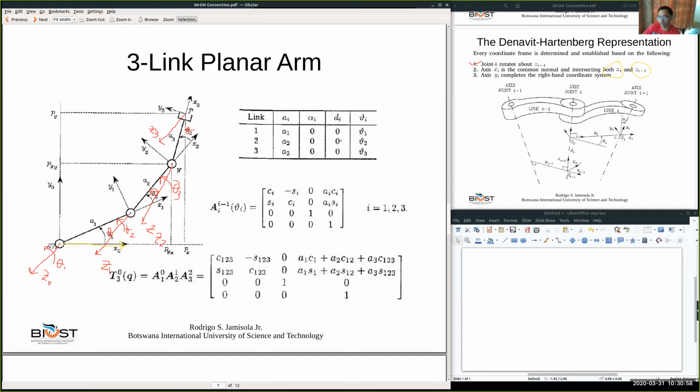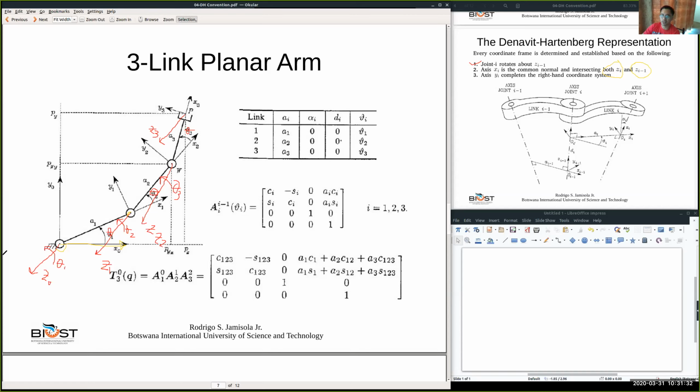Of course, X0 is already normal to Z0, and we need X1 to be normal to Z1. Where is Z1? Z1 is in this direction, which is coming out of the paper. Because that is normal to the paper, for sure X0 is normal to Z1 as well. Remember that Z1 and Z0 are coming out of the paper, so they are normal to the surface of the paper.